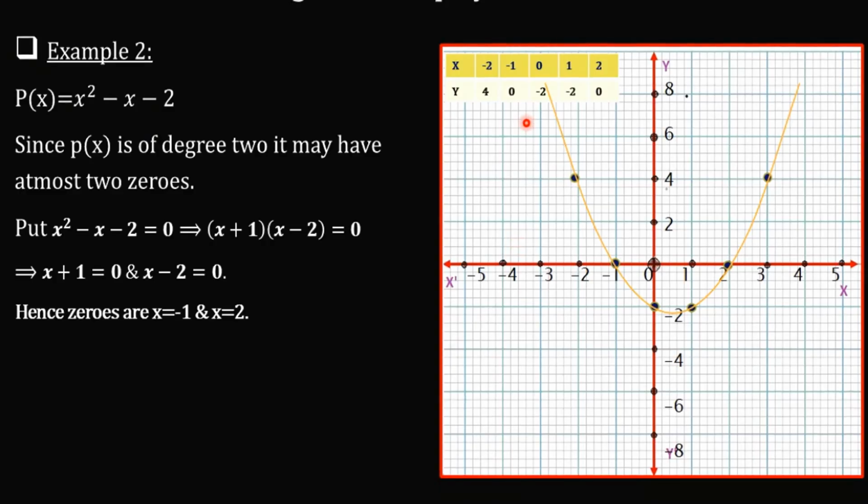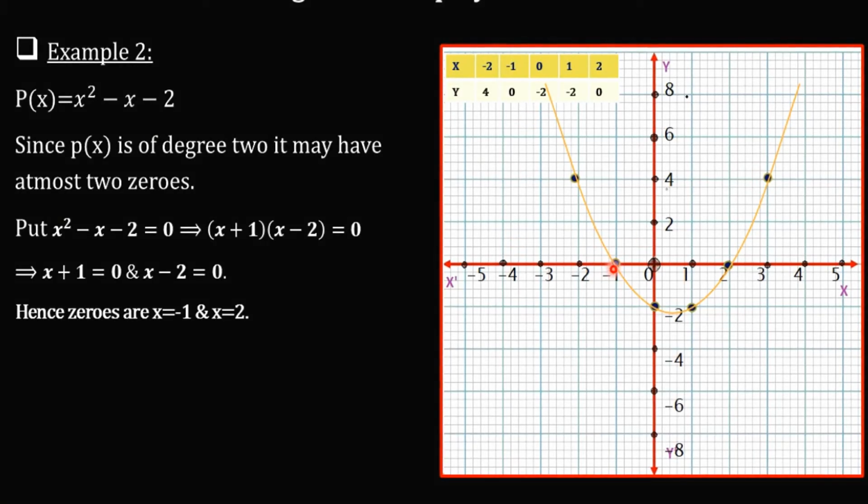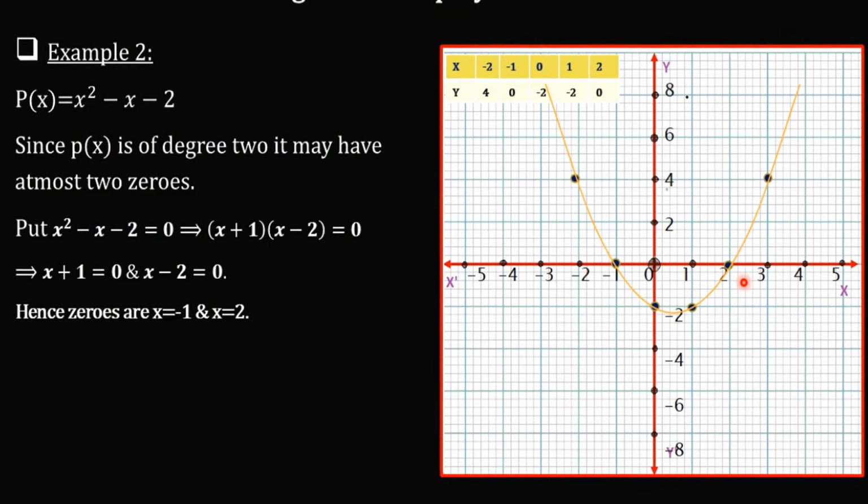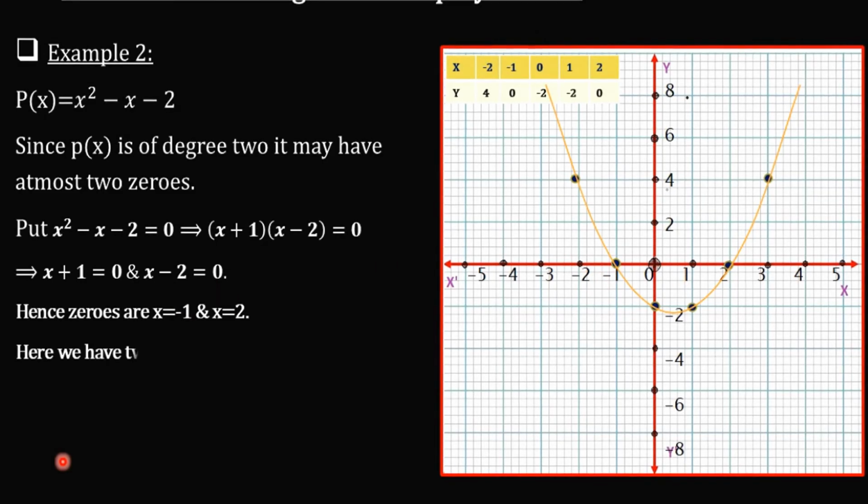Next we can draw the graph. So the graph will connect these points, and we can note here that the graph intersects the x-axis at exactly 2 points. What are those points? That is x equal to -1 and 2. So what is our conclusion?